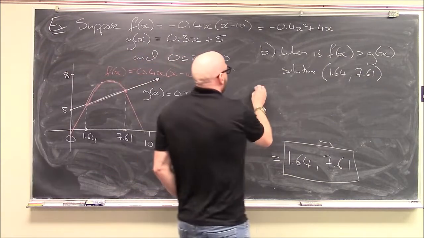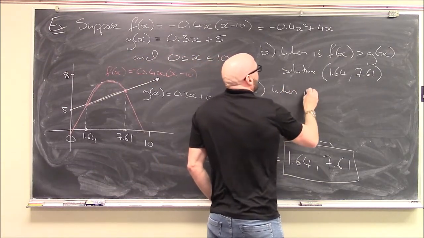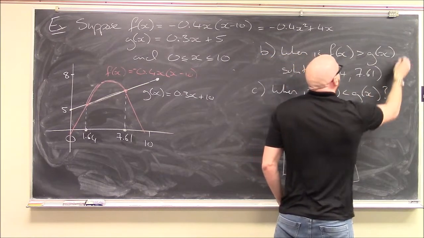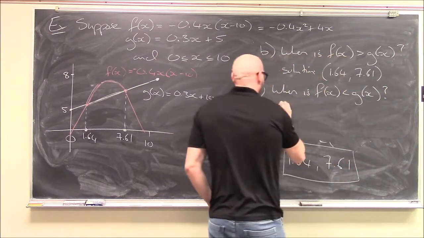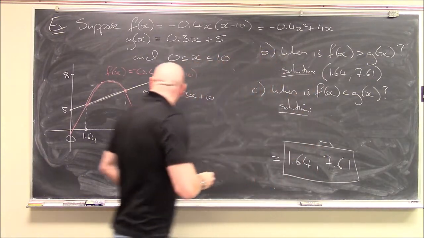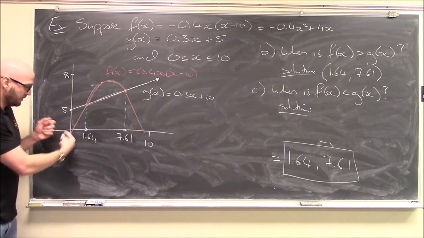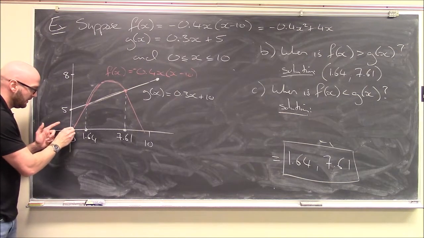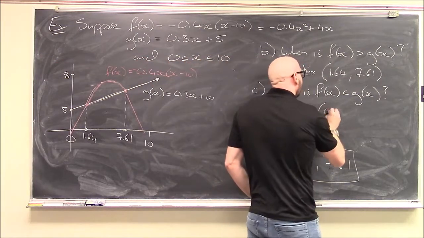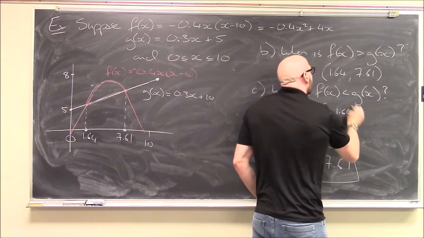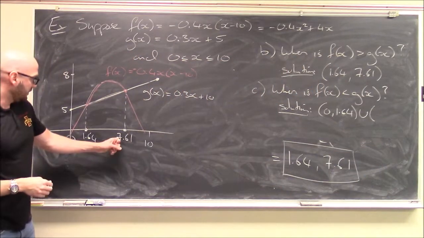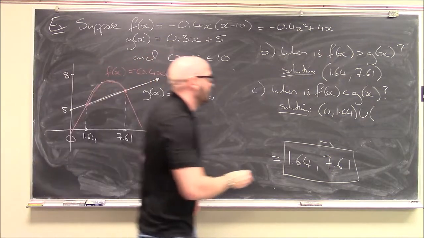And similarly, when is f of x less than g of x? Well, we've already done all the work that we need. The solution, in this case, is, remember, we're not going off to minus infinity here, we're just going from 0. So it's less from 0 to 1.64, and, so we use our union notation, and 7.61 to 10.